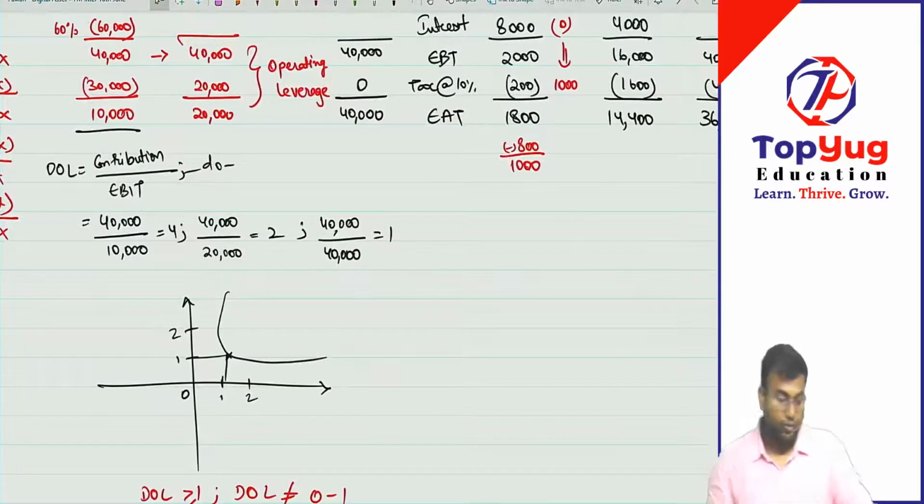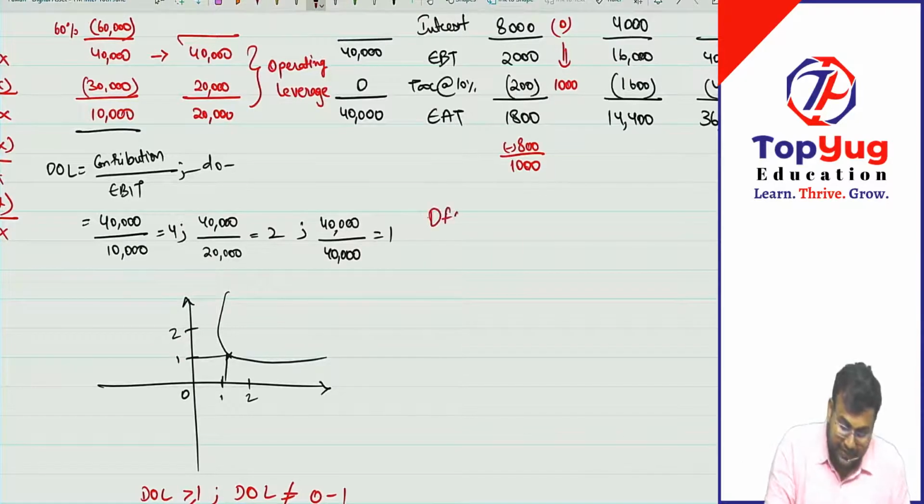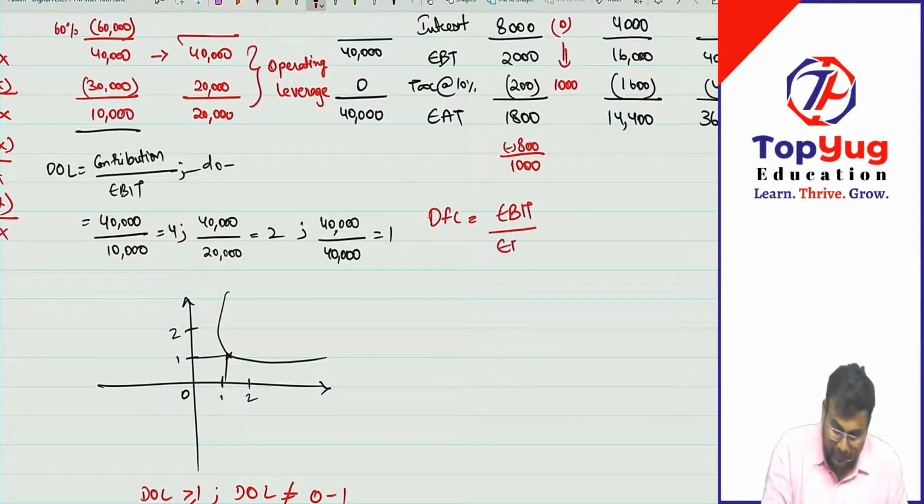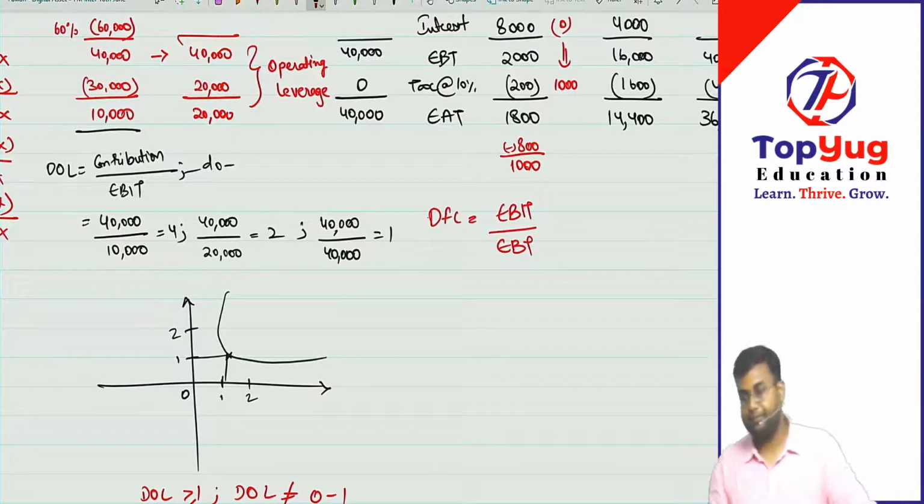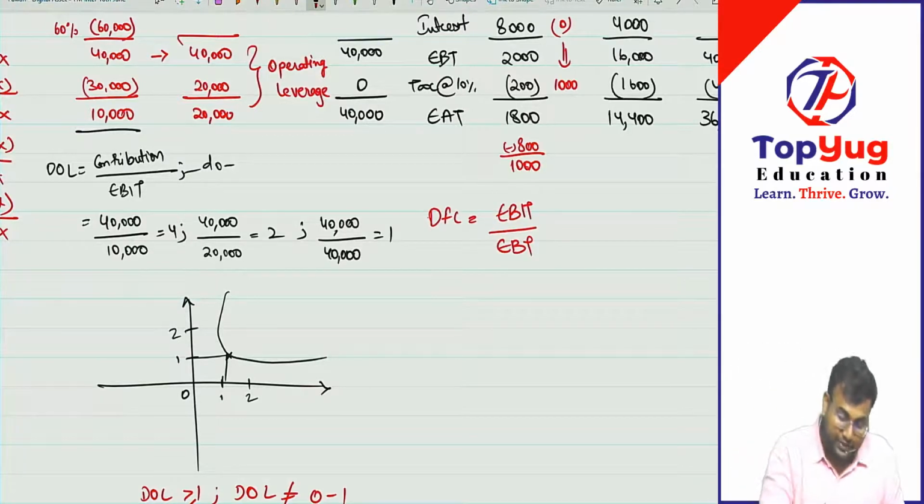Yes. So what would be my degree of financial leverage here? Please tell me, sir. EBIT by EBT. Yes. For the year one, how much is this? 10,000.